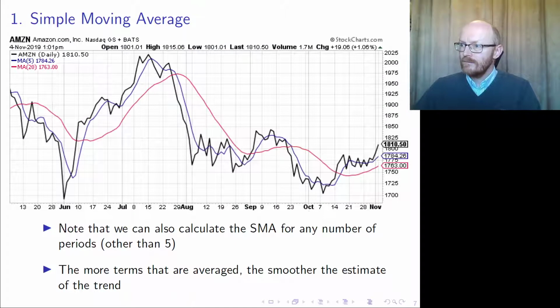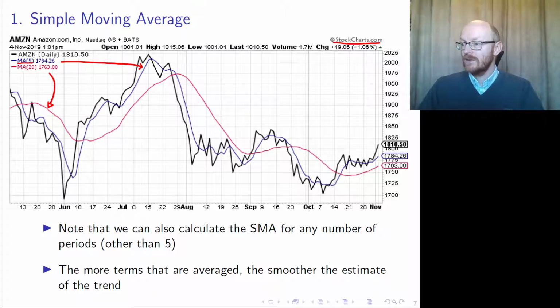And for example, here we have taken a chart from stockcharts.com, and we have added a 5-day moving average, which is the blue line, and a 20-day simple moving average, which is the red line.